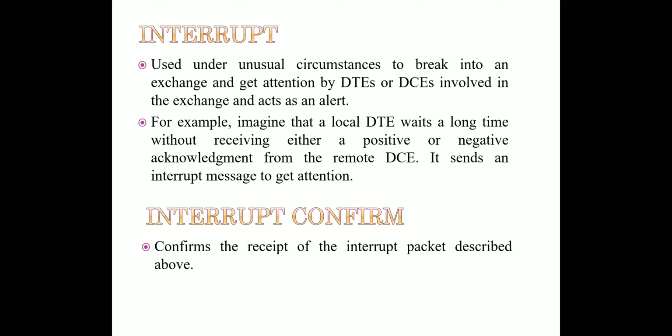But the remote DTE is not responding and the timeout is over. So what happens is now the local DTE wants to grab the attention of the remote DTE saying I'm waiting for your acknowledgement. That is where it will send an interrupt packet or an alert.